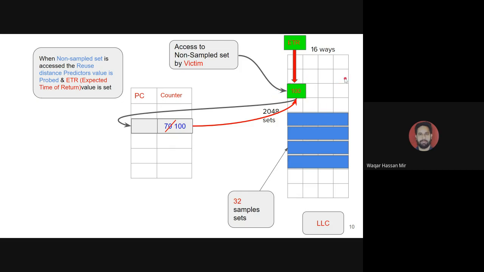We just assume that this is an eviction set, but creating an eviction set itself is a lengthy algorithm. If we can follow that eviction set algorithm, they take some 32 sets and monitor them for some time, and then look at the performance of those 32 sets. If the performance is getting affected in the 32 sets, that means the program counters bringing values to this particular set, so it is highly likely that it is being affected, which means one of the sets could be a sample set. So that's what we are doing.